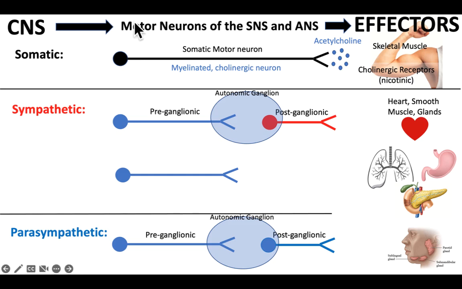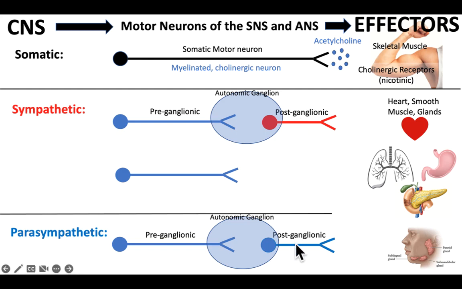If you are before the ganglion, you are preganglionic. If you are after it, you're postganglionic. So this would be called a sympathetic preganglionic neuron. This one down here is a parasympathetic preganglionic neuron. And then this is the sympathetic postganglionic.